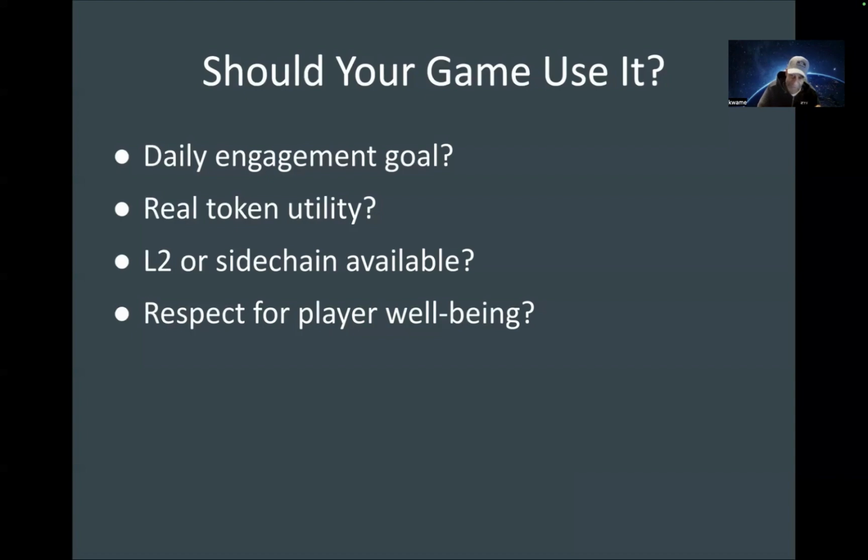One other point I want to make about the L2 part is that you can make some trade-offs depending on how much decentralization you are looking for in your game. The more decentralized the actions are, the more expensive it is going to be with the amount of transactions, whereas some of these can be offloaded to a server that has a secure wallet and is doing it that way.